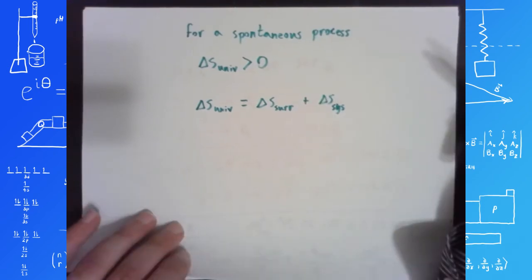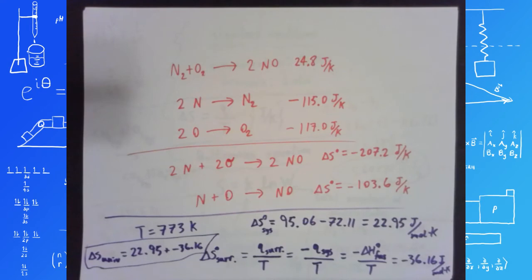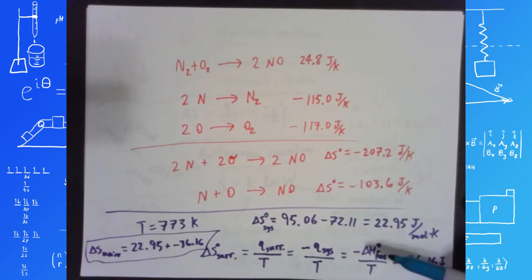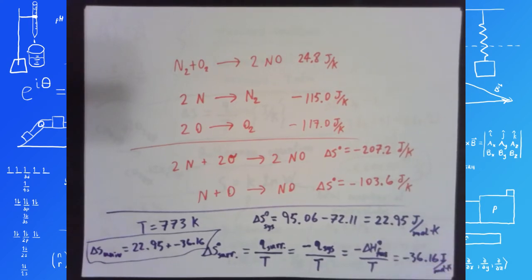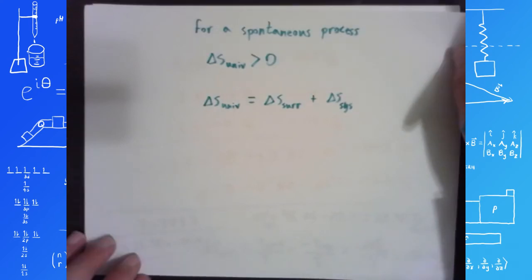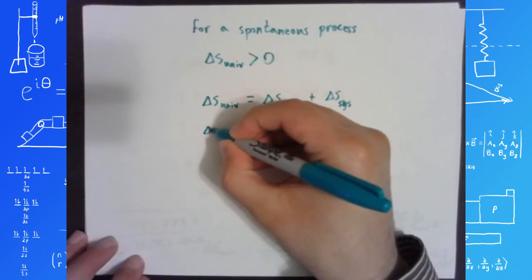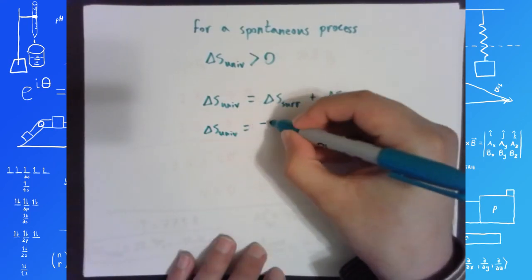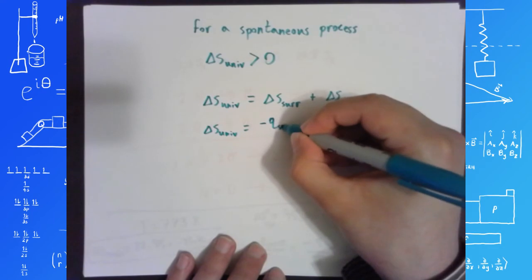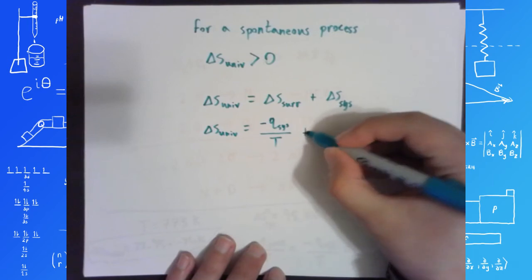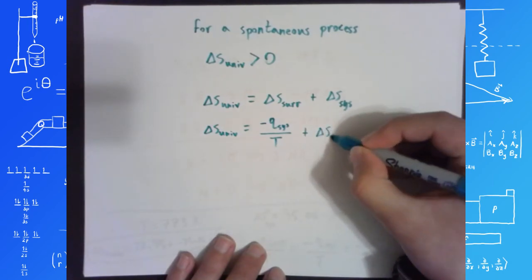so delta S for the surroundings, if we apply the same kind of thinking that we did with this last problem we did, then delta S of the surroundings is negative Q of the system over the absolute temperature. So we can say delta S universe equals negative Q system over T plus delta S of your system.